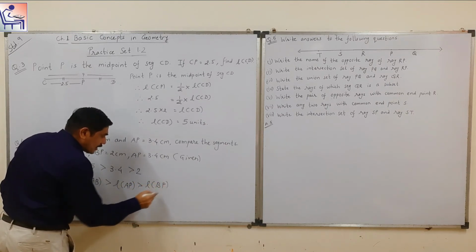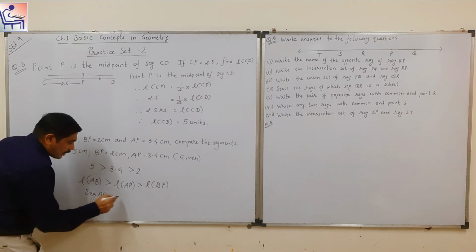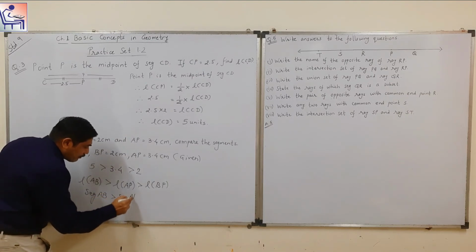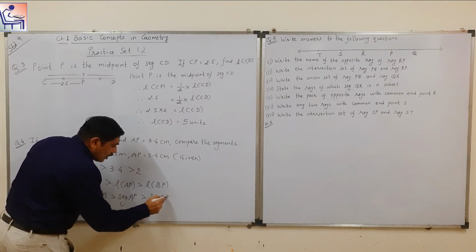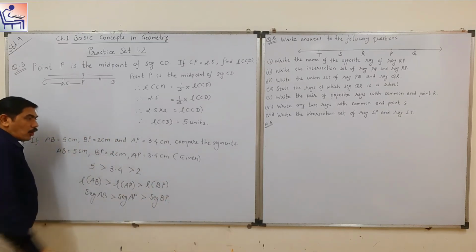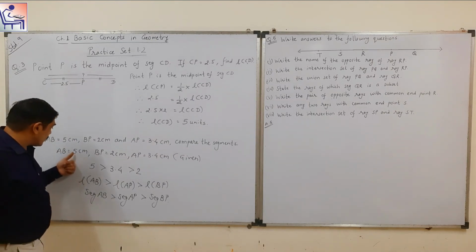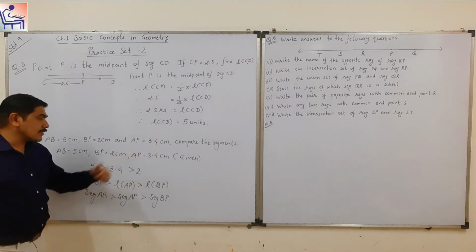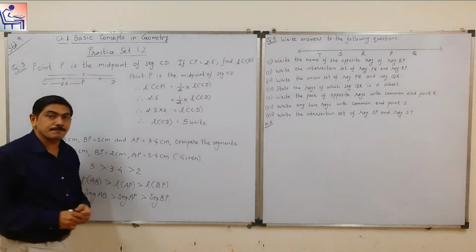So we can say that segment AB is greater than segment AP is greater than segment BP. So here we compare all the segments. This is the segment AB, which has the highest value, then segment AP, and then the last one, segment BP.